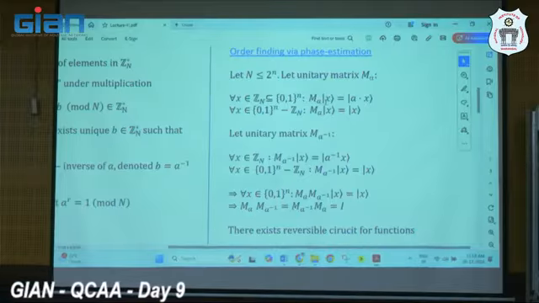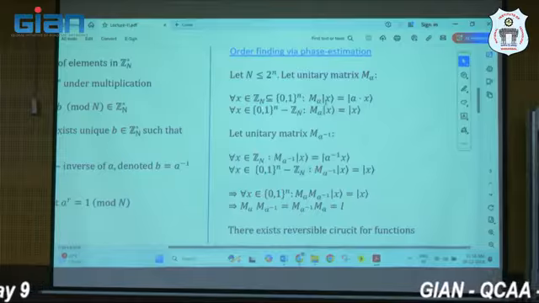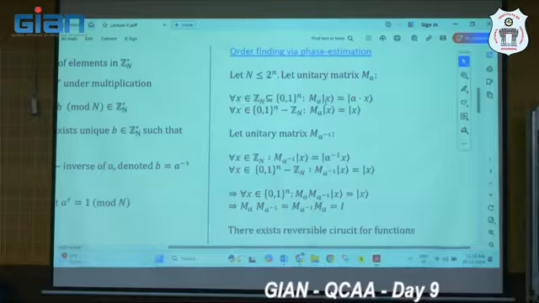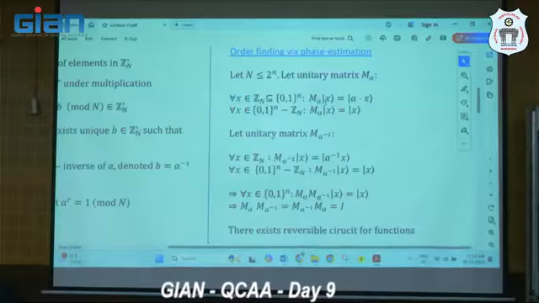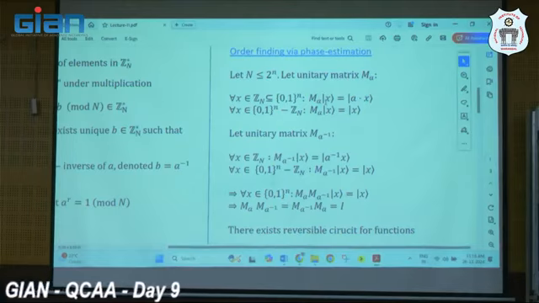Now define a unitary matrix MA. What it does, it takes any x in Zn and simply multiplies, so x goes to a times x. Simply multiplication by a. But this is all mod N. It is multiplication by a mod N.